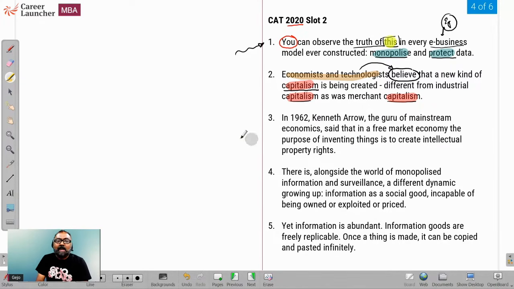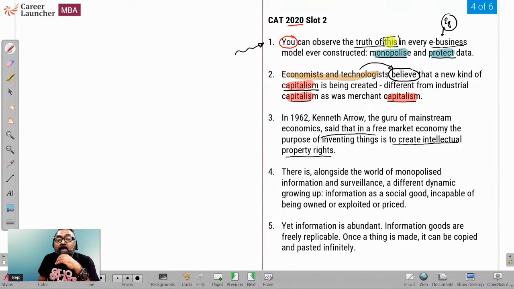All right. In 1962, Kenneth Arrow, the guru of mainstream economics, said that in a free market economy, the purpose of inventing things is to create intellectual property rights.